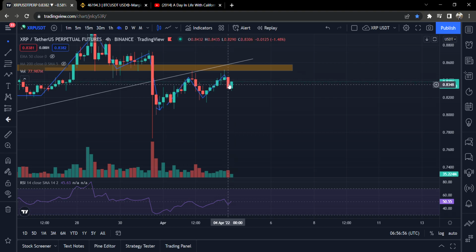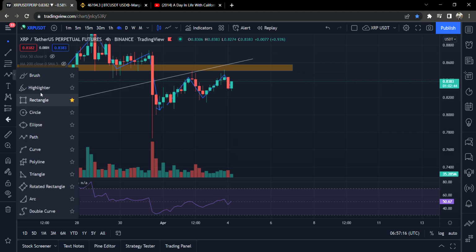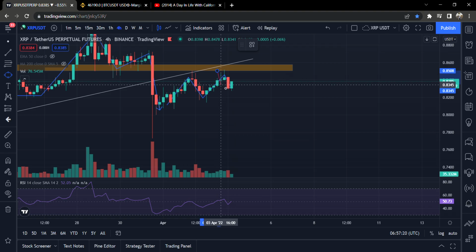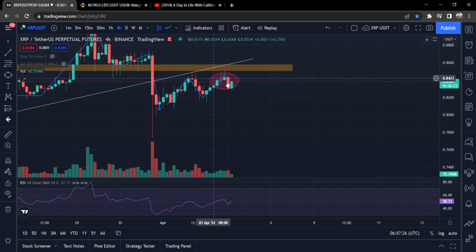And now you can see this level. You can see this candle as a bearish Marubozu candle. You can also see this, and the volume at the bearish Marubozu candle is higher than the previous green candles, right? And you can also see this candlestick pattern.